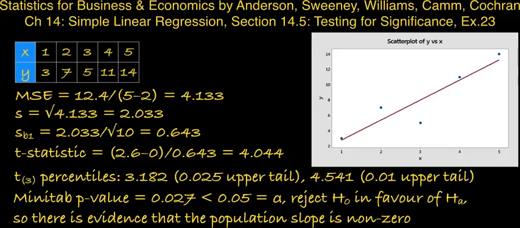And we already discovered that Minitab gives us that p-value exactly. It's 0.027, and that confirms that it's between 0.025 and 0.05. It's less than 0.05, and so again we get the same conclusion that we got with the t-test.